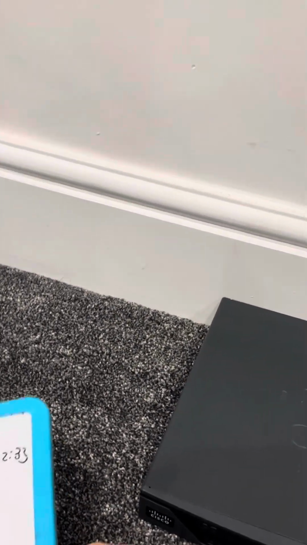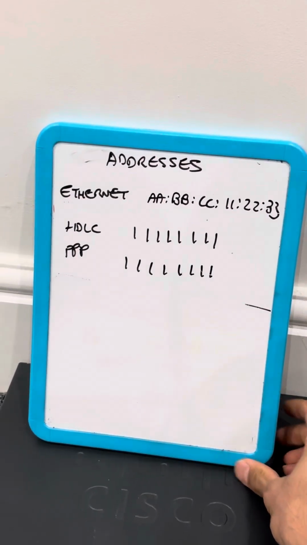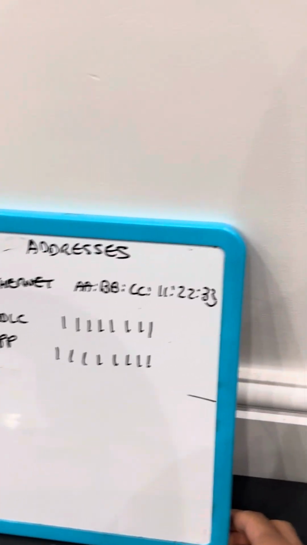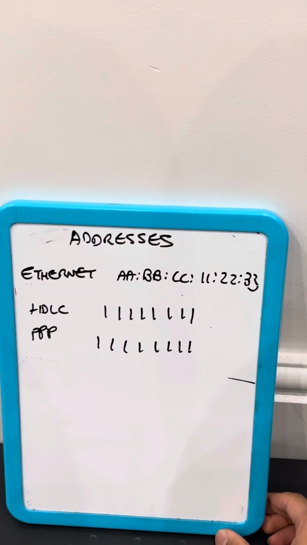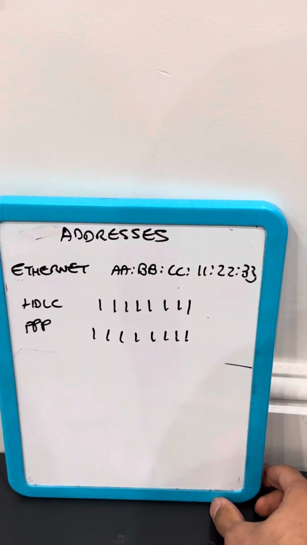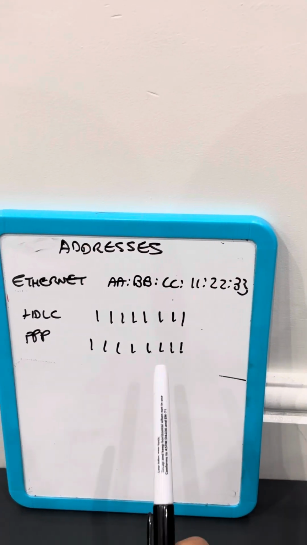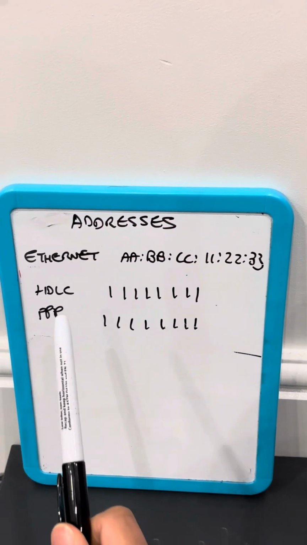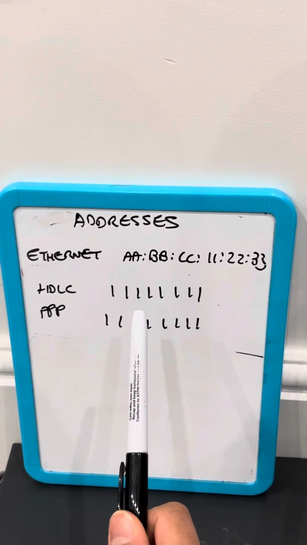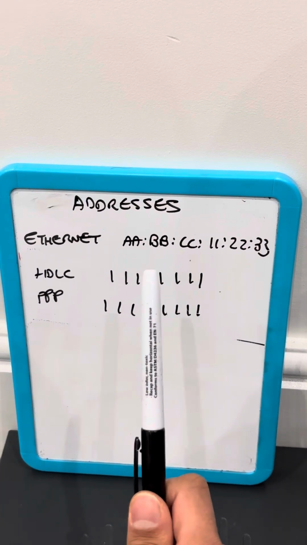Lastly, what address is used between the 3? Ethernet uses a MAC address to specify where it's going to send the frame. But HDLC and PPP only use a string of 8 bits which are turned on, so you've got 8 ones.